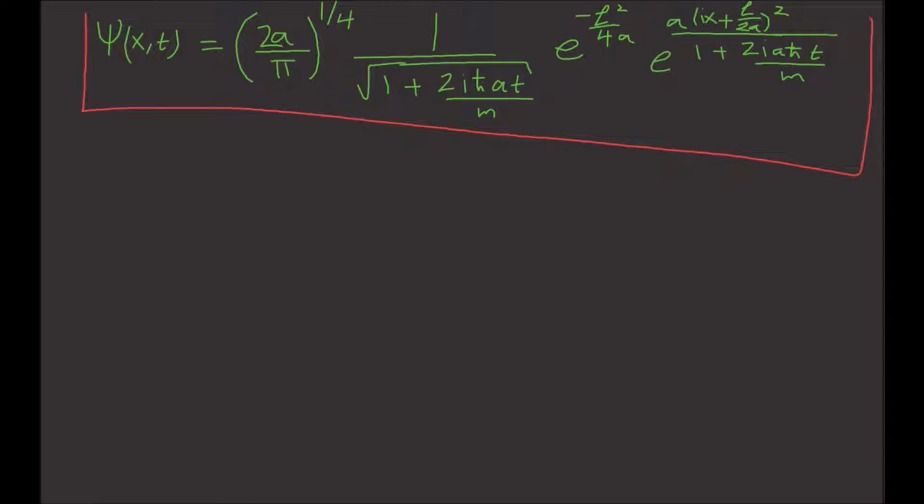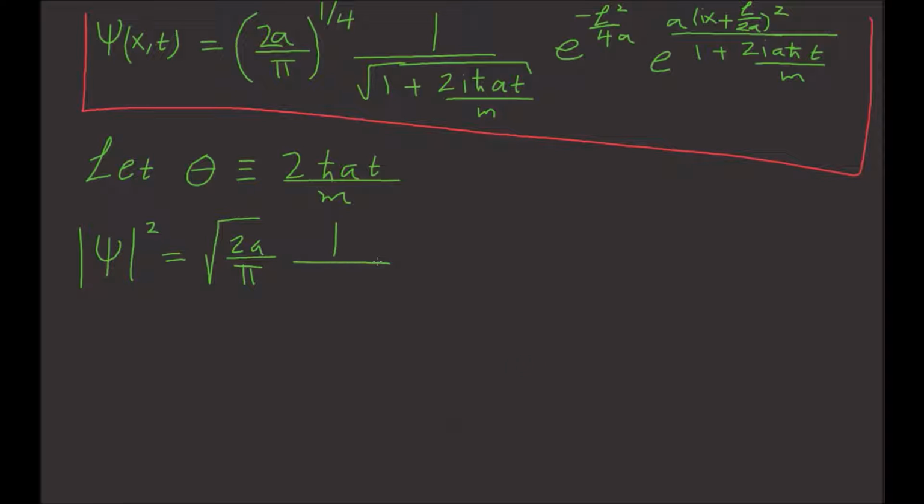So now let's do part C. In part C, we need to find the probability density. This is the same as psi star times psi. But before that, let's introduce a new variable, theta equals 2 h bar times a times t divided by m. So now, as before, we have psi star psi equals the square root of 2a over pi times 1 divided by the square root of 1 plus theta squared.